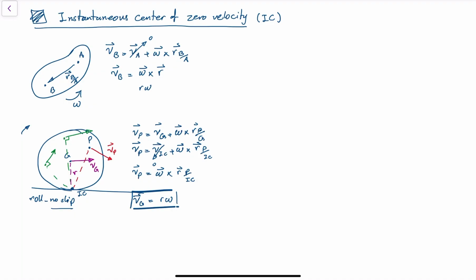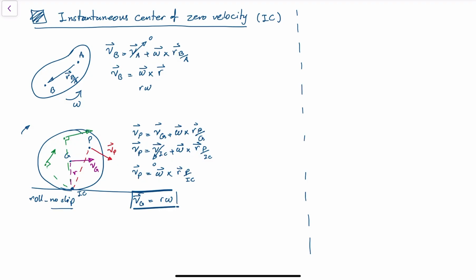Now, the question remains, can you be lucky to find this? Well, in the example of the wheel, yes, you use the information that there was no slipping to find this instantaneous center. But can you be equally lucky in other cases? And the answer is yes, you can usually be lucky.